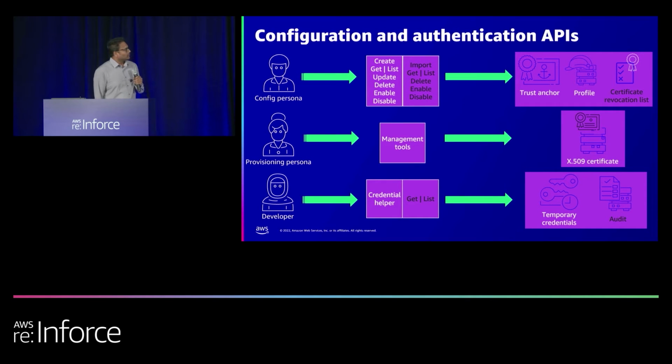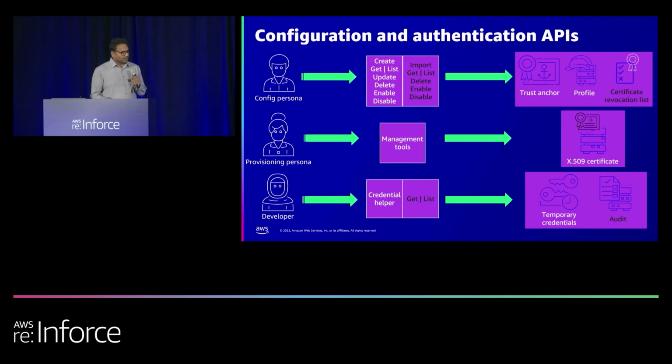These are the high level on what the configuration and authentication APIs look like. The config persona does the create trust anchor, create profile. They can also do an update, delete of the profile and the trust anchor.